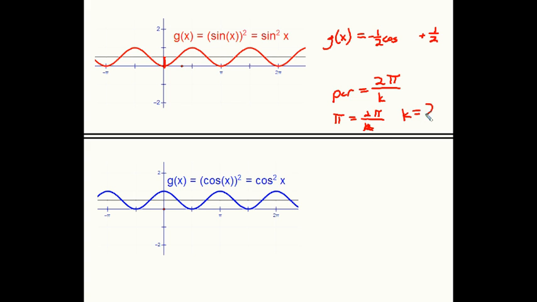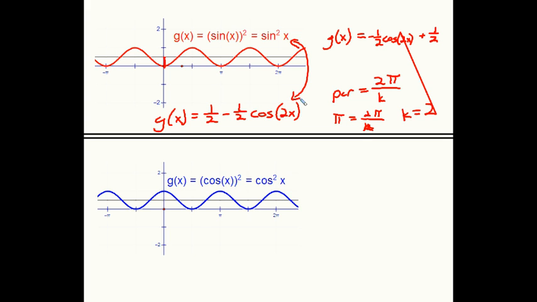So k is equal to 2, and so we have 2x up here. We're going to go ahead and write it. G of x, we'll put the 1/2 minus 1/2 cosine of 2x. And these two things are the same. So sine squared is equal to this.